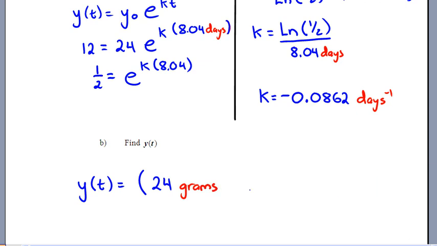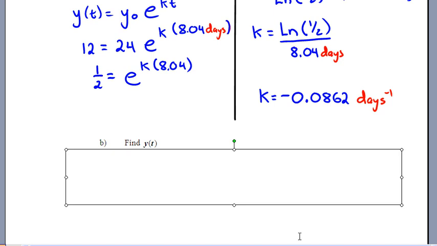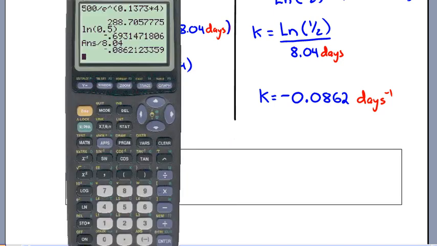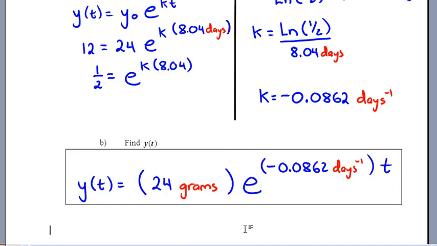And then there would be that exponential e to the kt, so we would have negative 0.0862 upside down days, and then a t. There's your general solution. That would tell you exactly how much you've got at any time. You want to know, well, how much would there be at, I don't know, 20 days? Just go ahead and put 20 in for t, and it'll tell you the amount.